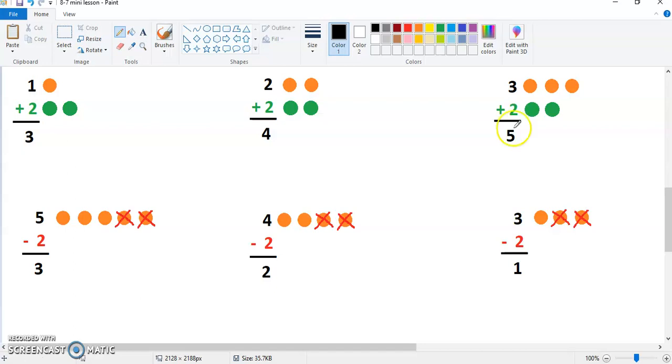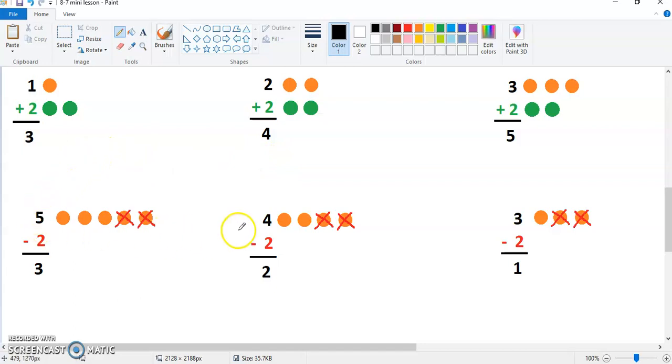But take a peek at this. Look here, friends. So the numbers are 1, 2, 3. But then when we add 2 to them, the numbers go 3, 4, 5. So they still go in order, but now they're just 2 bigger.